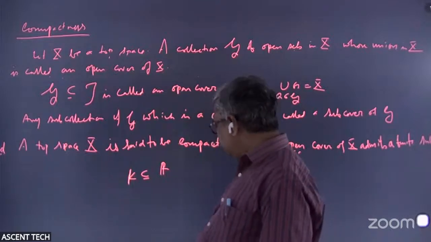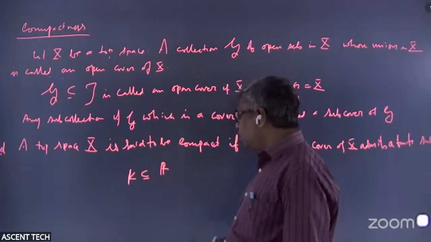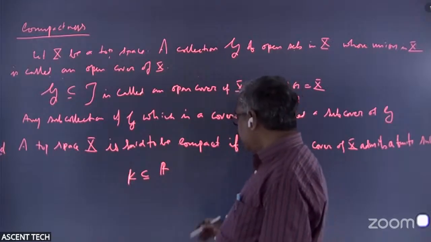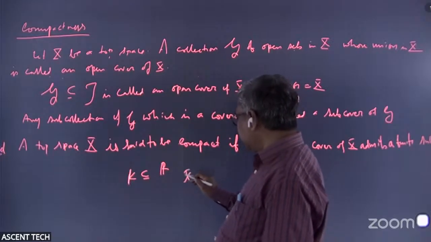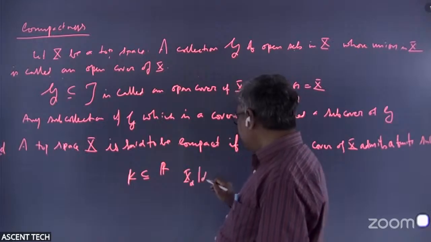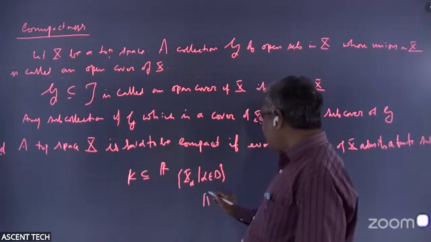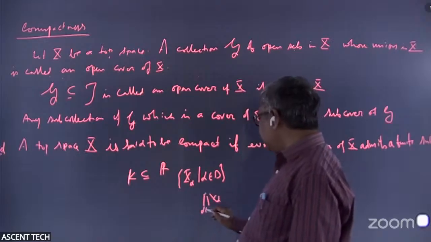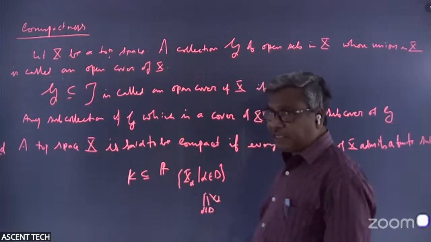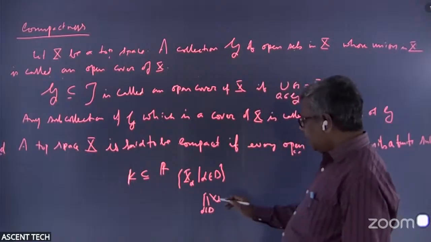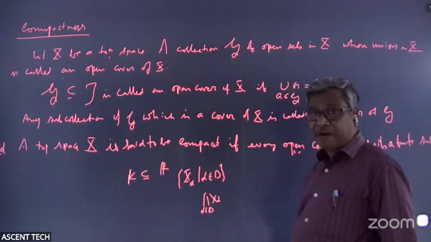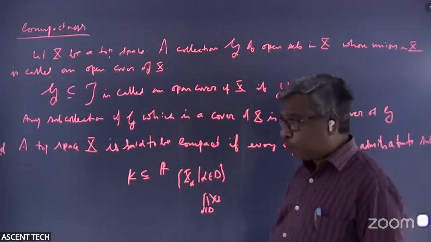We'll also prove that if I have several topological spaces, each of which is compact, then the product of all the topological spaces is also compact. This is a very tricky theorem, a little difficult to prove.